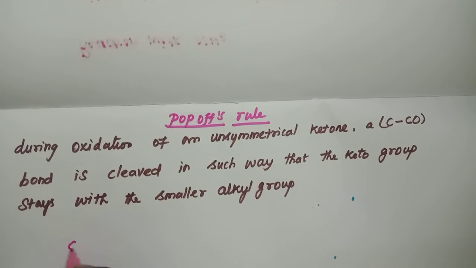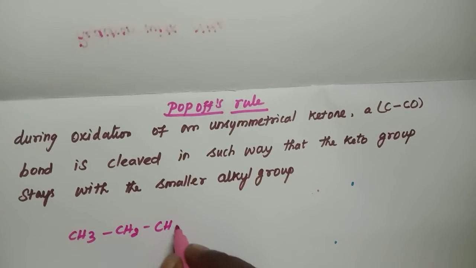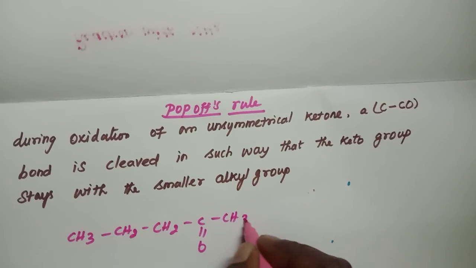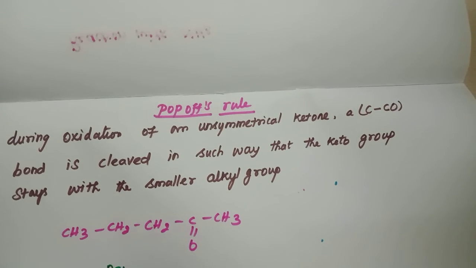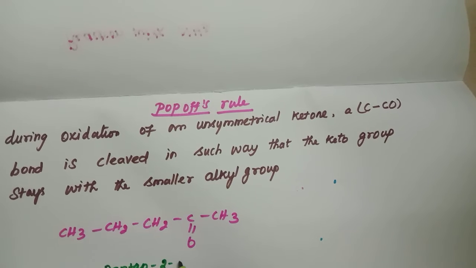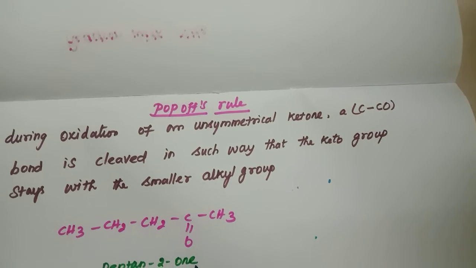For example, CH3 CH2 CH2 C=O CH3. The name of this compound is pent-2-one, that is 2-pentanone.